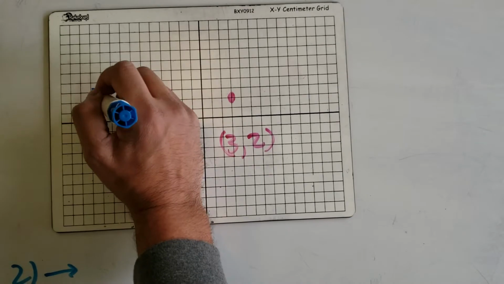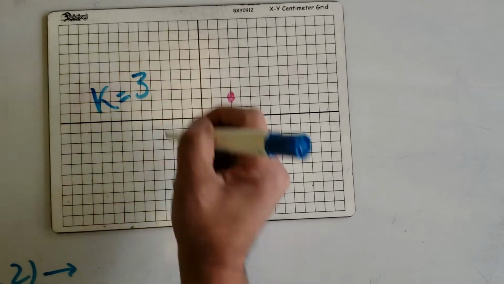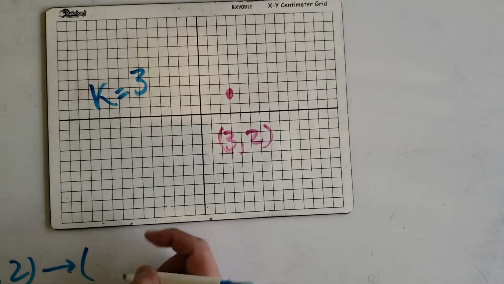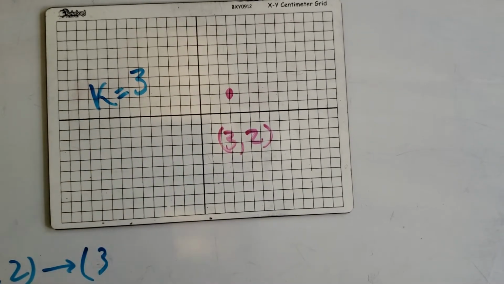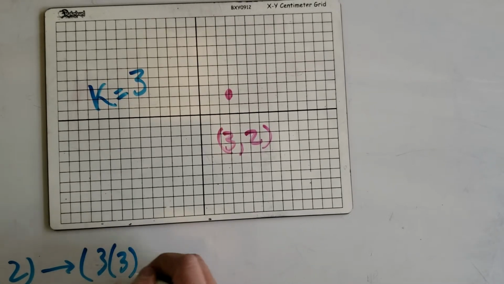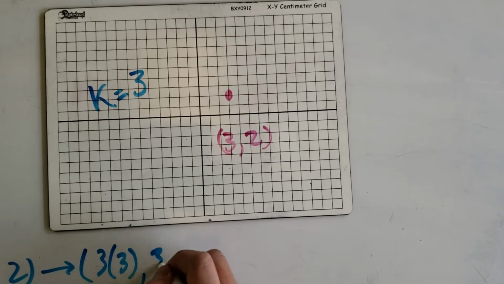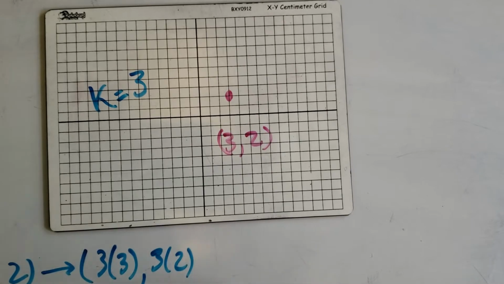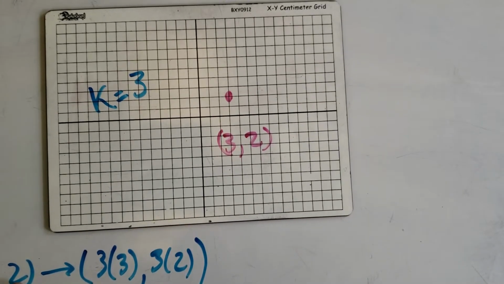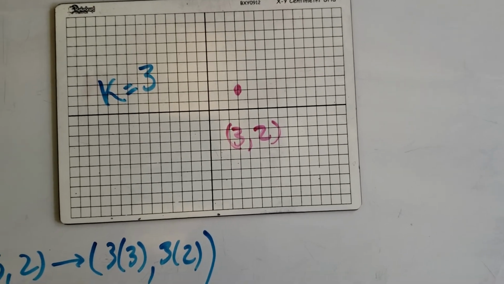And let's say our scale factor is 3. So we're going to take our scale factor and multiply it by each one of these, 3 and 2. So I'm going to put 3 times 3 and 3 times 2. All I'm doing is applying my scale factor to the original point of 3, 2.